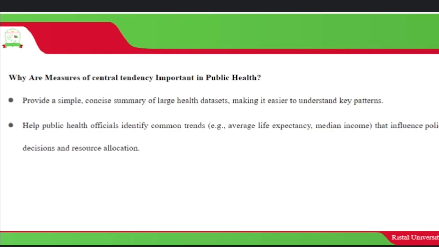It can help us easily identify vulnerable groups that need targeted interventions.